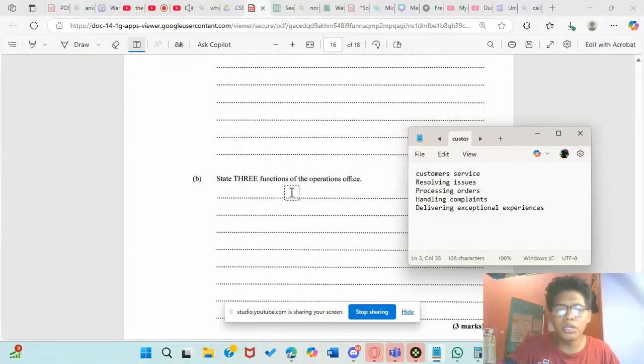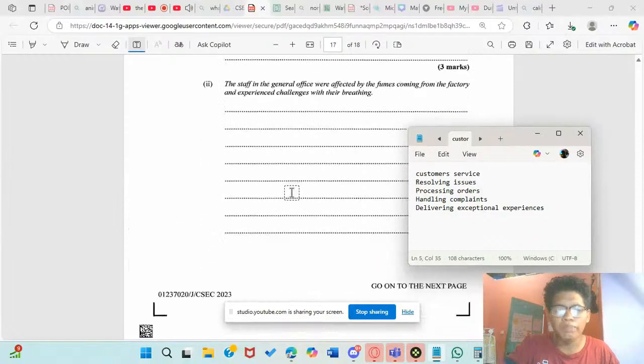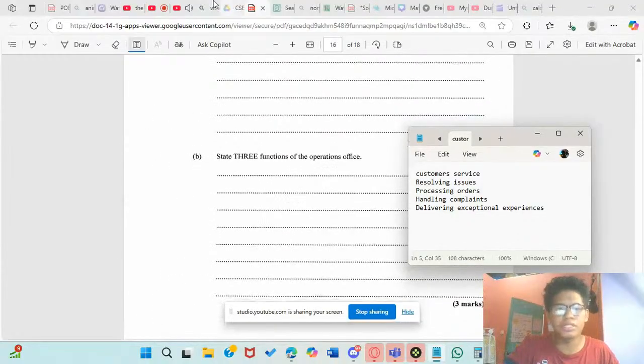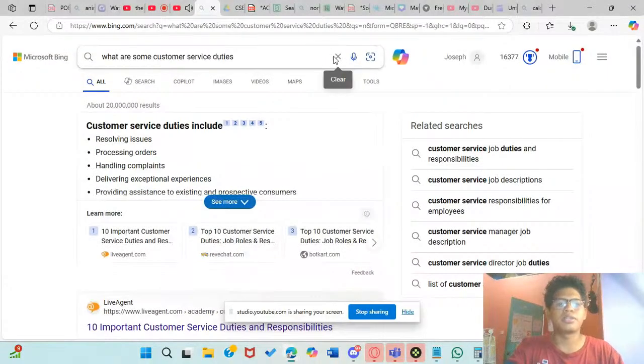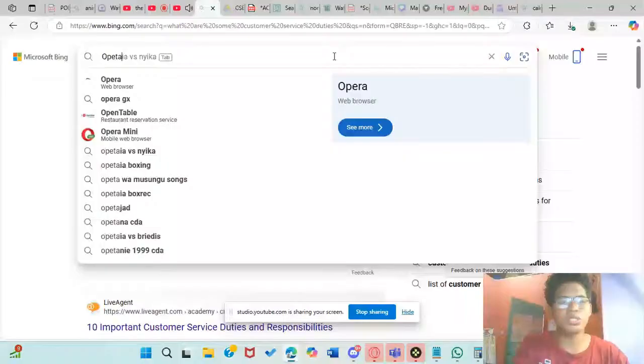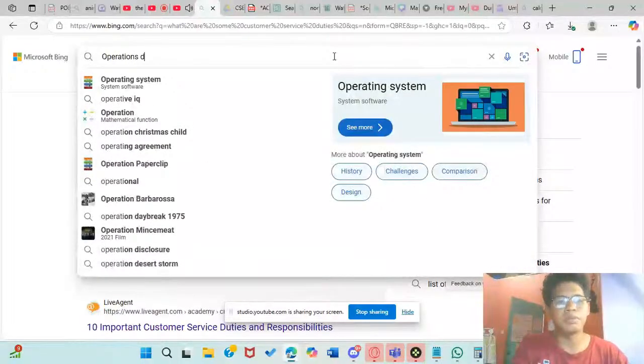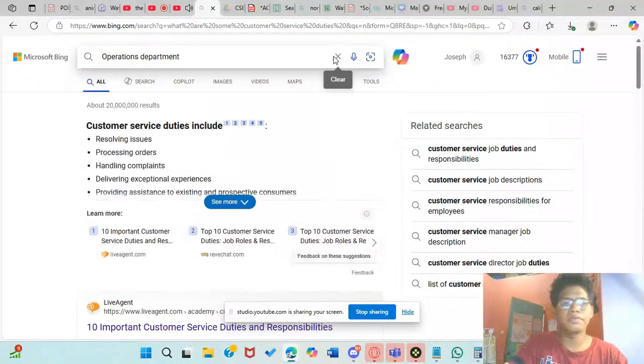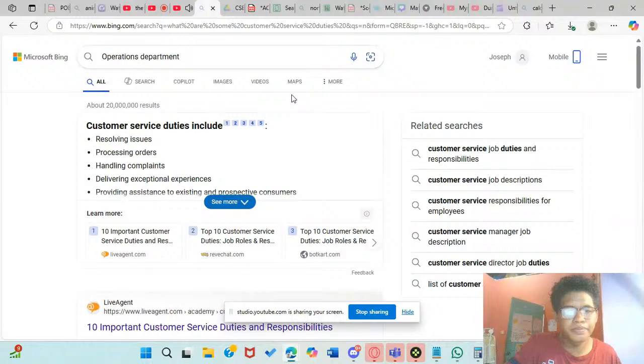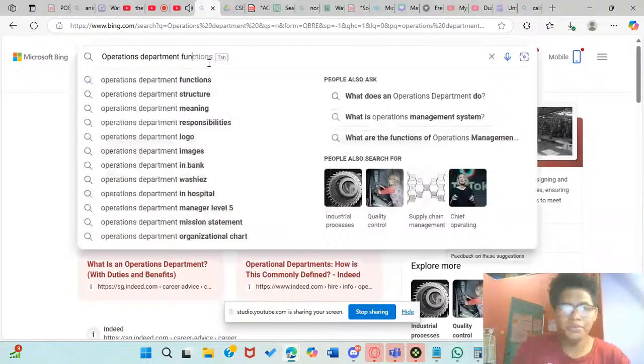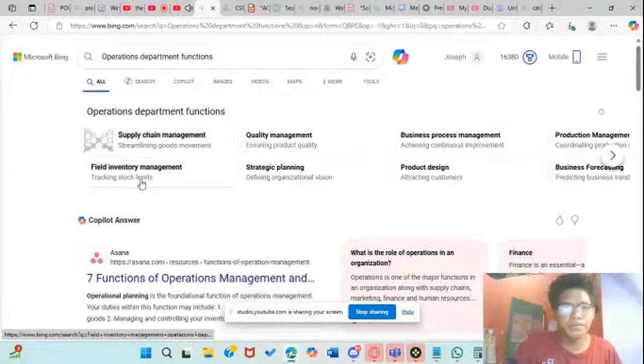Stage three, functions of the operations department. Let's look at that. Operations department. All right, supply stream.